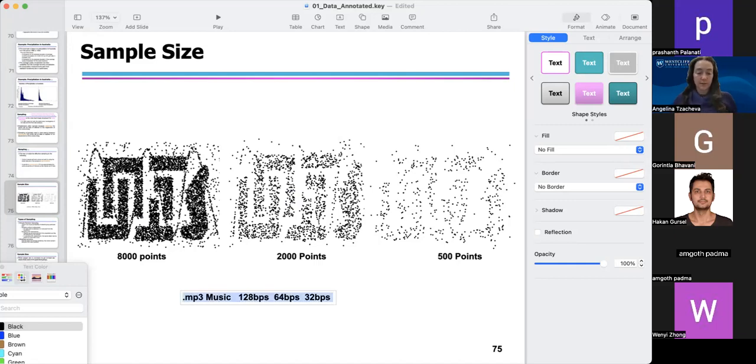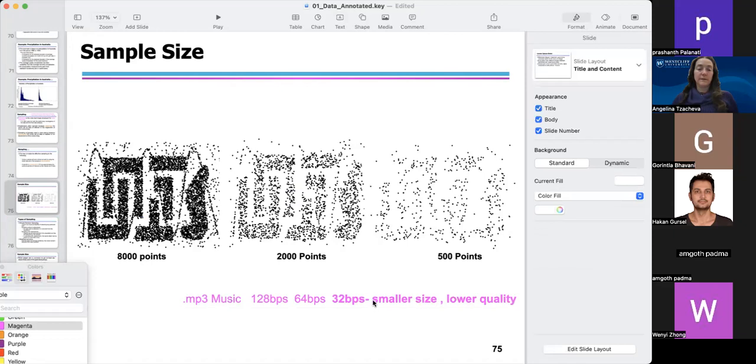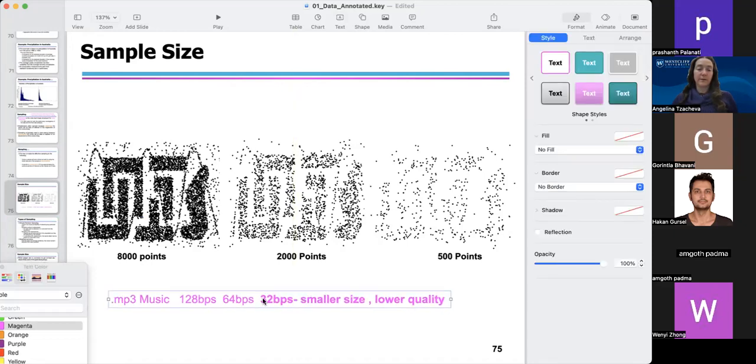As you are listening to this music. However, the size of our MP3 file is much smaller if we have a 32 bits file than the 64-bit file.